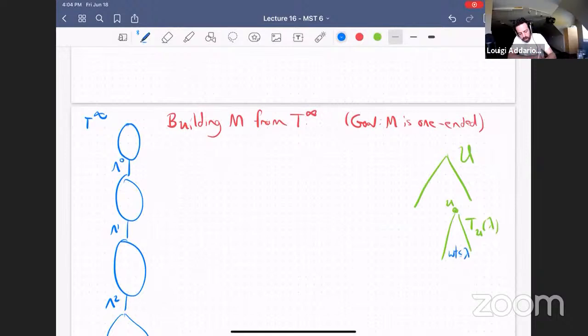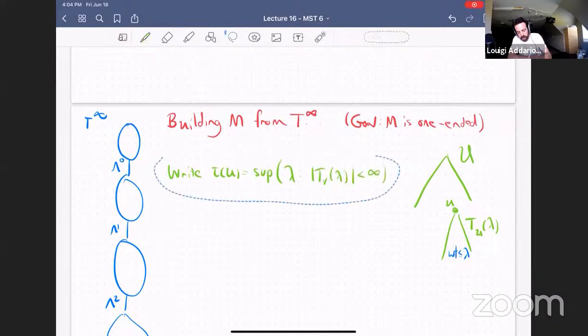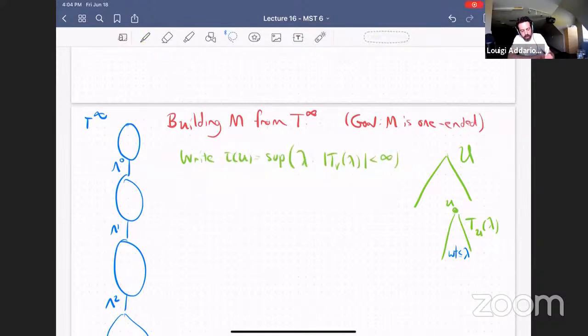And let me write tau(U) for the largest value lambda for which this tree is finite. This is an important parameter for understanding how T infinity lies within M.